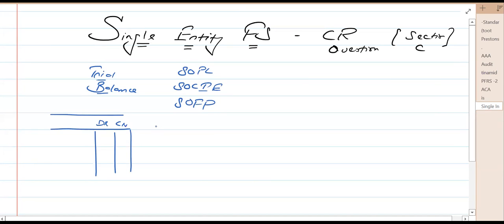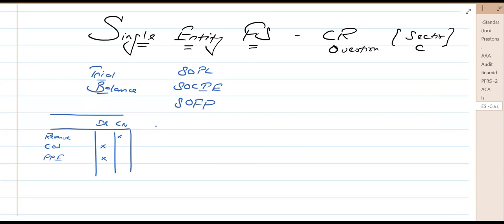So there will be things mentioned within the trial balance, for example, revenue on the credit side, and then we have the cost of sales on the debit side. And then we have, for example, the property, plant, and equipment at cost on the debit side, accumulated depreciation on the credit side.